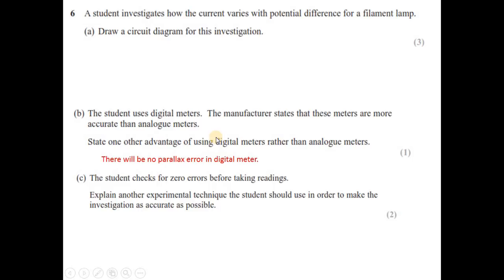Part C. The student checks for zero errors before taking readings. Explain another experimental technique the student should use in order to make the investigation as accurate as possible.